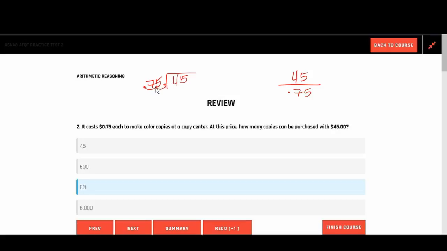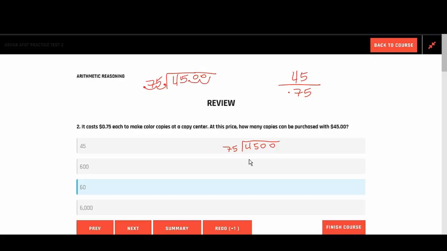What I do outside the division bracket, I have to do inside, so the decimal's here, 1, 2. So in reality, we're going to be working out 4,500 divided by 75.